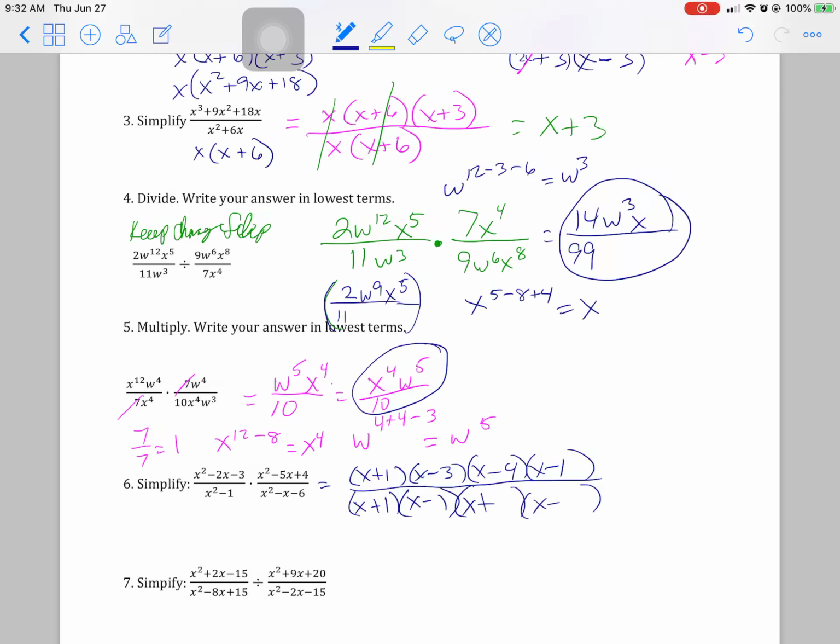Negative makes a plus and a negative. And 6 with factors that are 1 apart means it's not a 6 and a 1, so it must be a 3 and a 2. We want a leftover negative, so the 3 has to go here, the 2 goes there. Okay. So that means the x plus 1 goes, the x minus 3 goes, the x minus 1 goes, and you're left with x minus 4 over x plus 2.